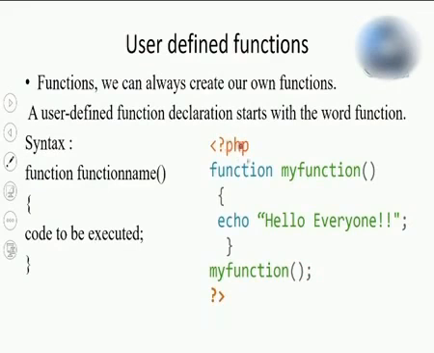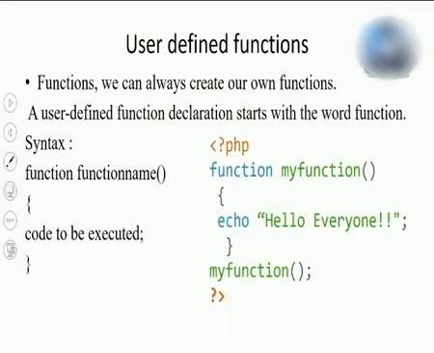So here I have started the code with the less than sign, question mark, followed by php, and ended it with question mark and greater than sign. Between that, I wrote the PHP code. In this, I wrote a simple user defined function. By writing this statement, it will call the function. And what is the function? Only one statement is there in this function, that is to print hello everyone.